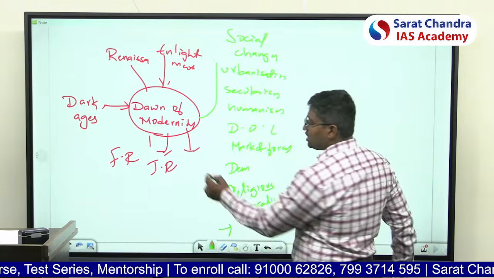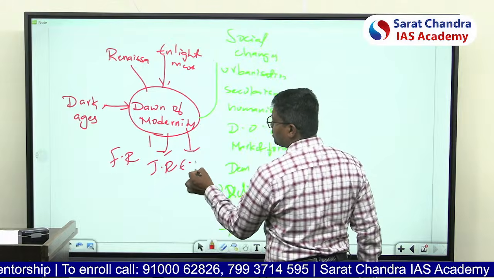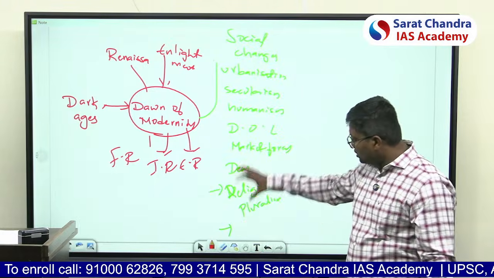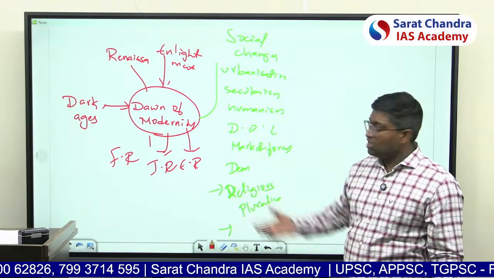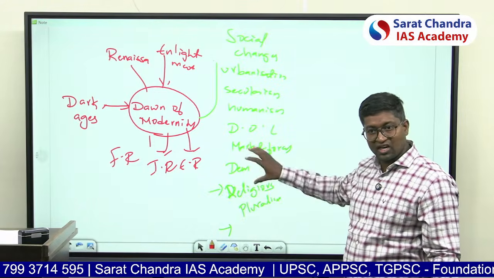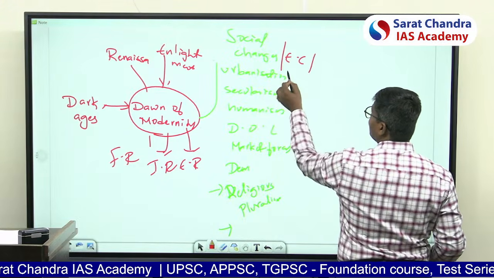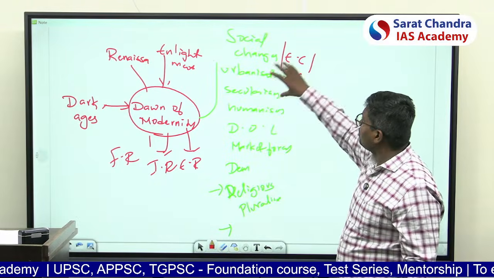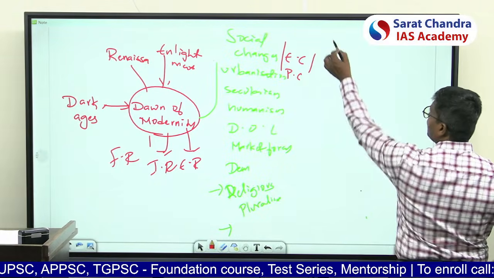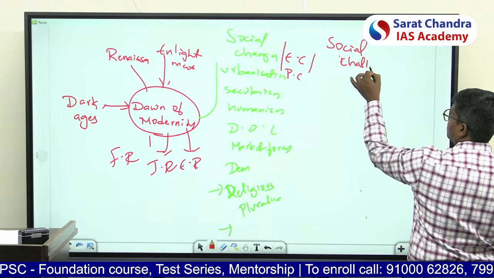We can also talk about the economic revolution: division of labor, mass production, and increased productivity. So all these are social changes, economic changes and political changes. And all these changes led to the emergence of social challenges.